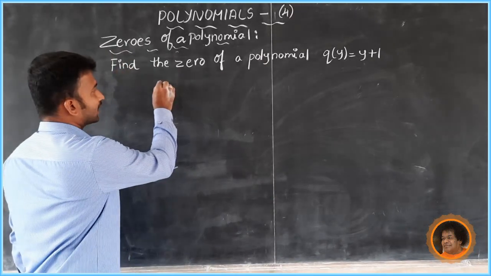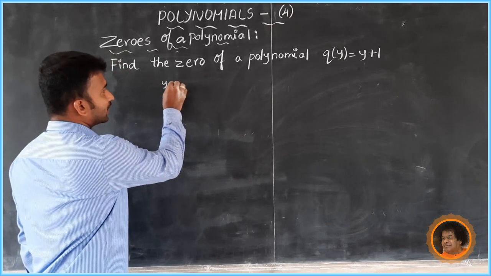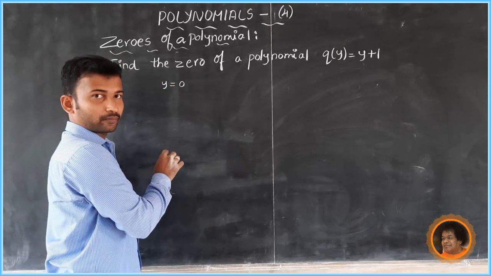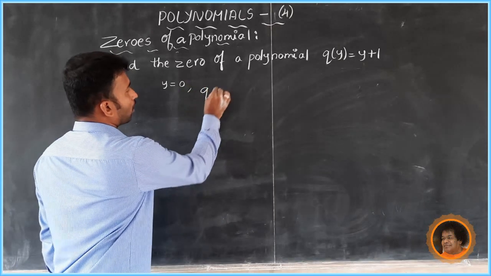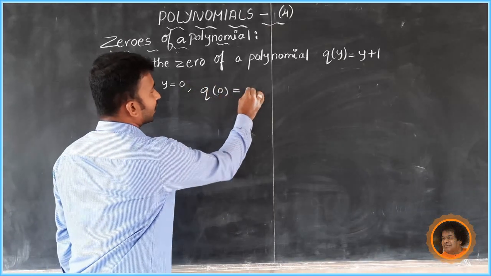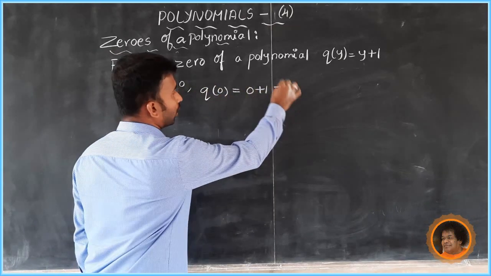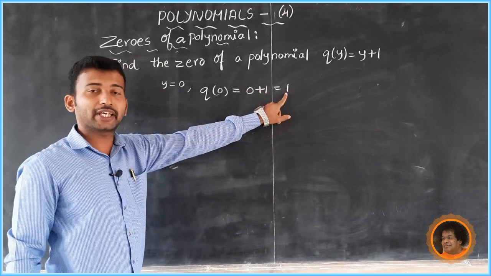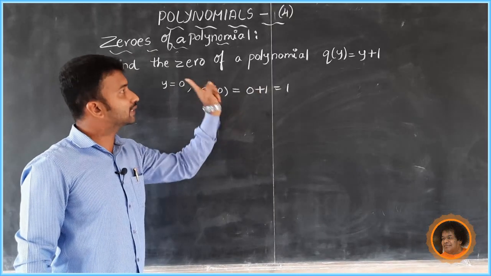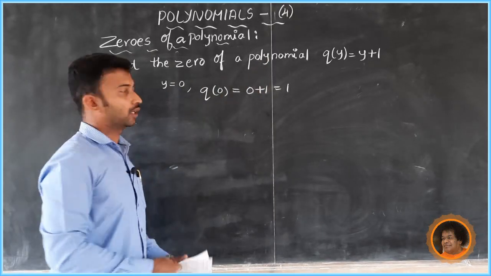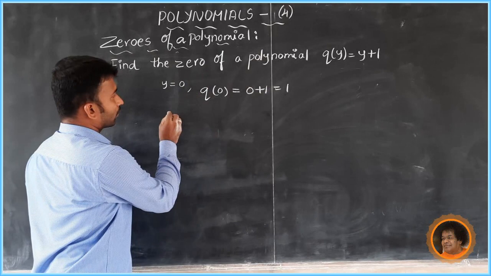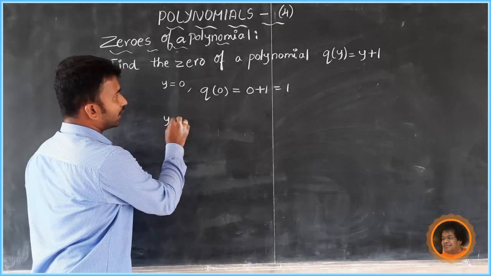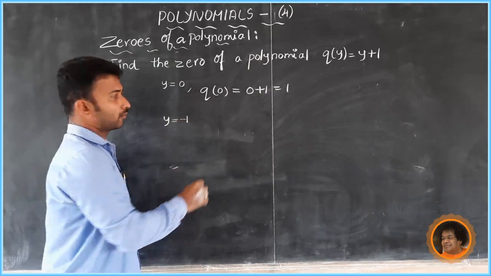Let us consider y is equal to 0. Q of 0 is equal to 0 plus 1 is equal to 1. The answer is not equal to 0. So we cannot say 0 is the zero of the polynomial. Next, y is equal to minus 1.